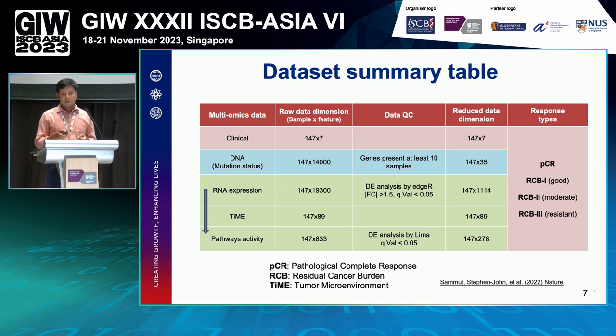The raw dimension of the data is 147 common samples, where each individual is a patient, and different numbers of dimensions. So we did some data quality control, and finally we get a reduced data dimension. For quality control, we restrict some criteria, like the mutated gene should include at least 10 samples.